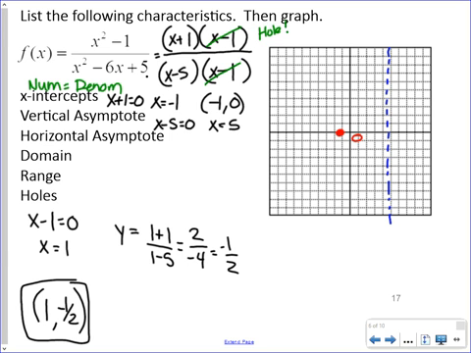Is it y equals 0? Pretty sure that's when it's less than. Oh, and then you divide the coefficients, right? So if you go back to the original one, we have degree 2 in the numerator and denominator. So we're going to divide our leading coefficients, 1 over 1, and our horizontal asymptote should be at y equals 1.